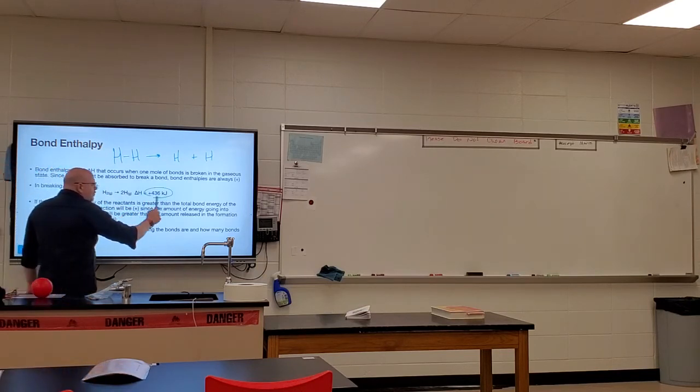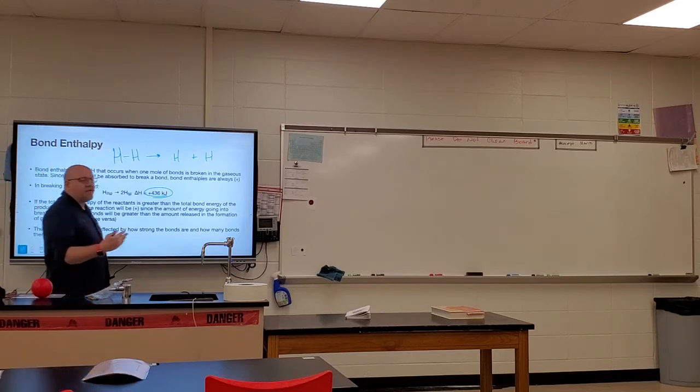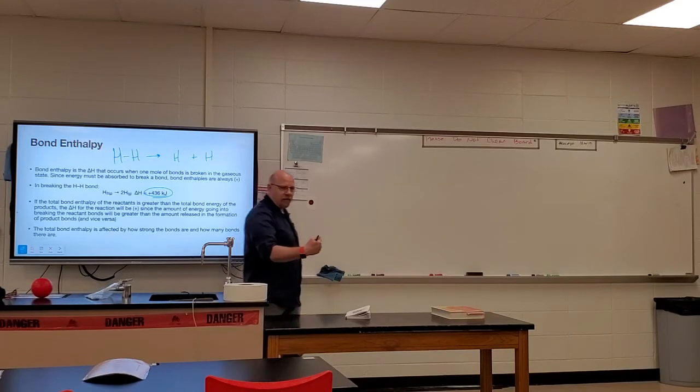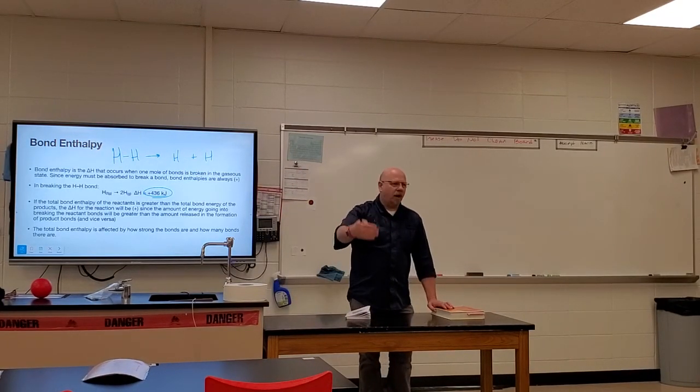And this is the amount of energy required to break that bond. That by definition would be the bond enthalpy. So bond enthalpies are always given as positive values because they're the energy required to break a bond.